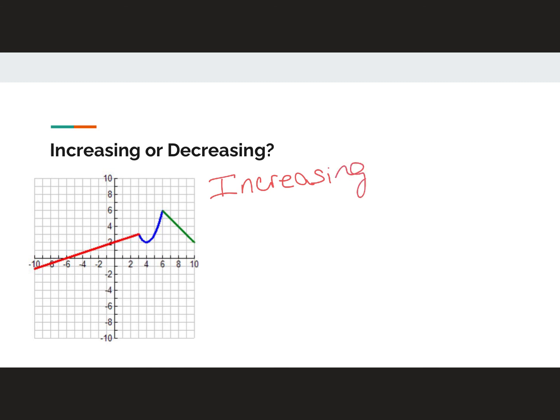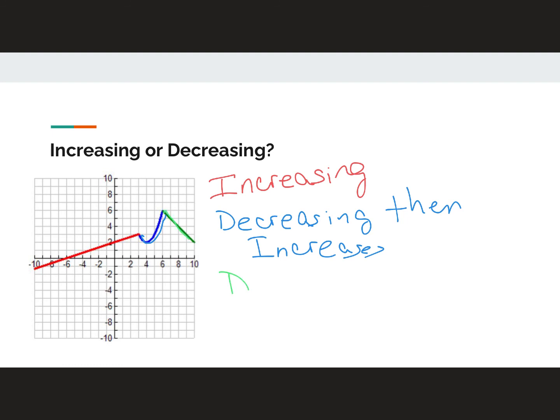The blue portion starts out decreasing. Then it increases. That's why you see we go down and then up. And finally, the green section is decreasing.